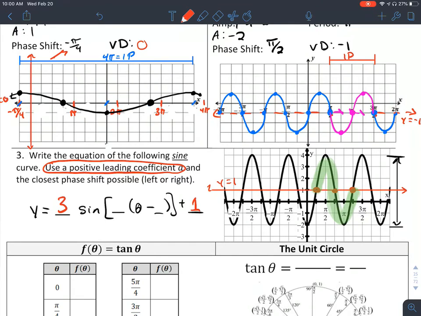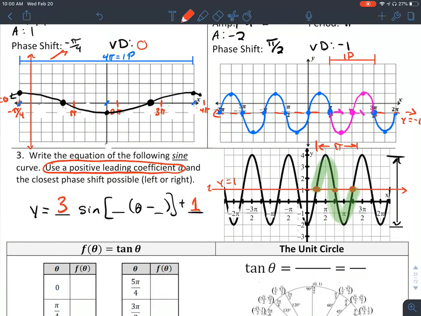So it looks like my period length, if I were to take this and just translate it over, is pi. It starts at pi/4 and ends at 5 pi/4. So that means the horizontal length of this is pi.